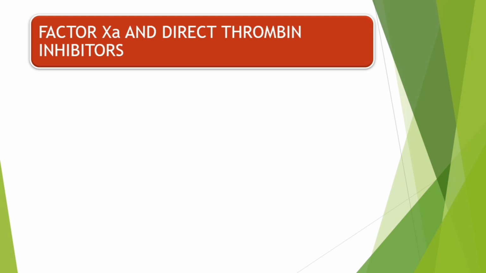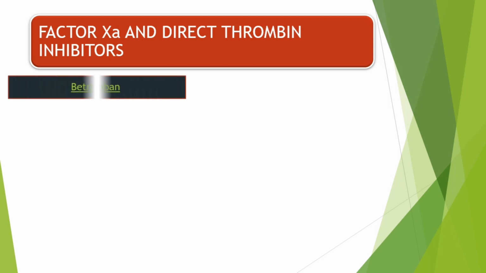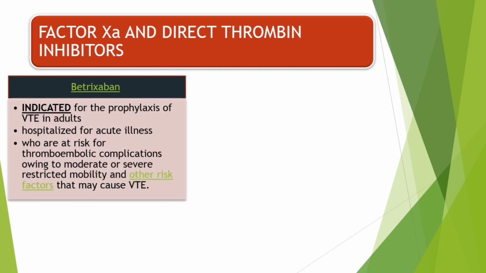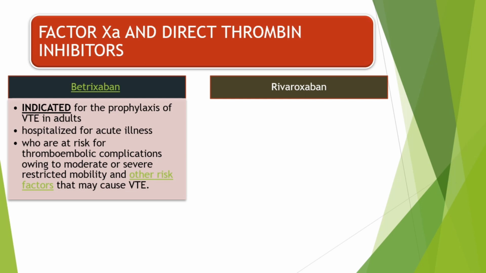For example, they don't require the INR monitoring, and they don't have those potential drug and food interactions for which warfarin is notorious. These medications include betrixaban, and it is indicated for the prophylaxis of VTE in adults who are hospitalized for acute illness, who are at risk for thromboembolic complications owing to moderate or severe restricted mobility and other risk factors that may cause VTE.